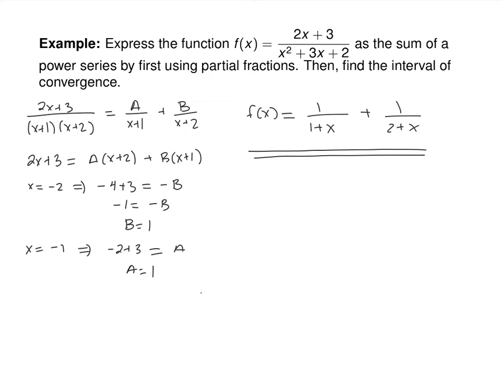Now, once again, let's call this first one number 1, let's call this second one number 2, and let's find power series representations for both of them separately. I think I'm going to need a new slide, so let's add one in. Okay, so number 1, that's 1 over 1 plus x. That one's pretty simple. 1 over 1 minus negative x.